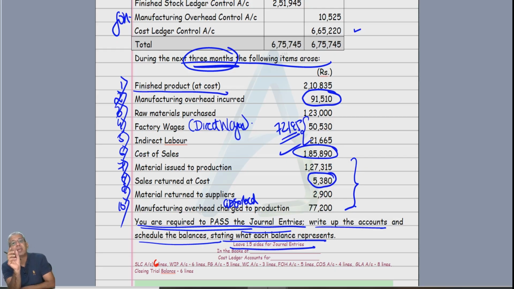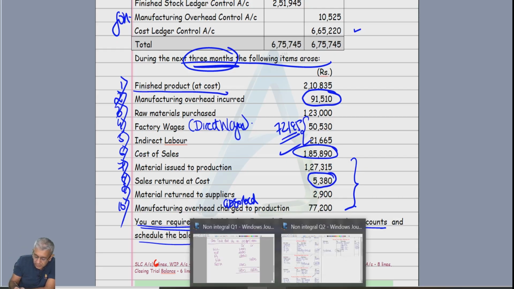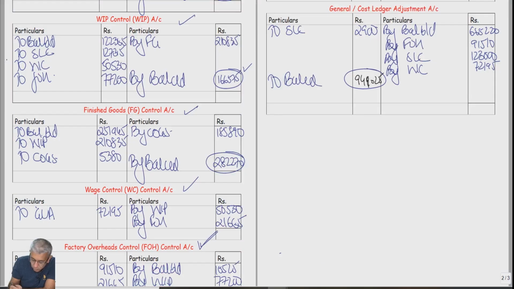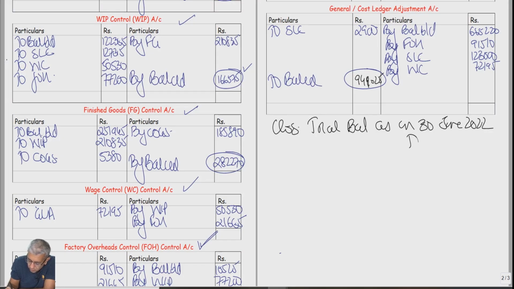Against each and every item, we will write down what this particular thing represents also. So write down closing trial balance as on 30th June 2022. Debit, credit. Can you say the SLC balance represents closing stock of raw material?